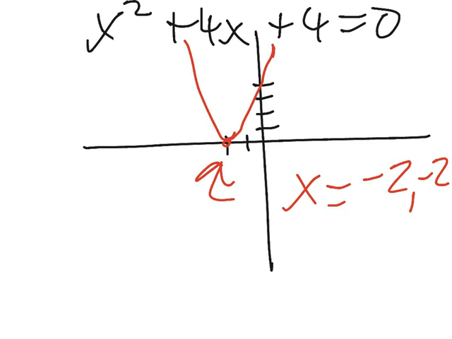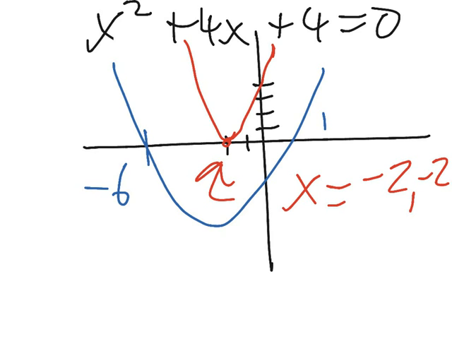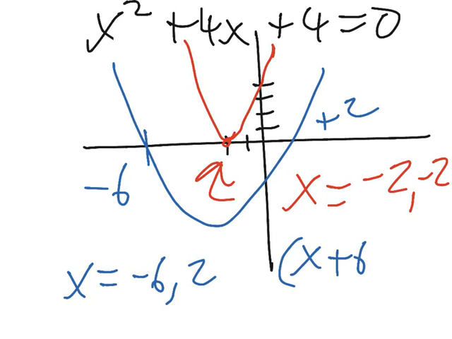If the parabola came down like this, and this was, let's just say, minus 6, and this was positive 2, then we say x is equal to minus 6 and 2, and we know that its factors would be x plus 6 and x minus 2. Okay?